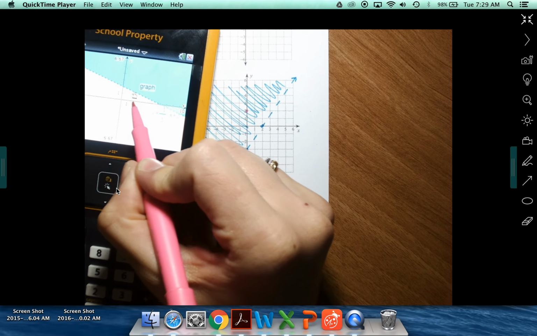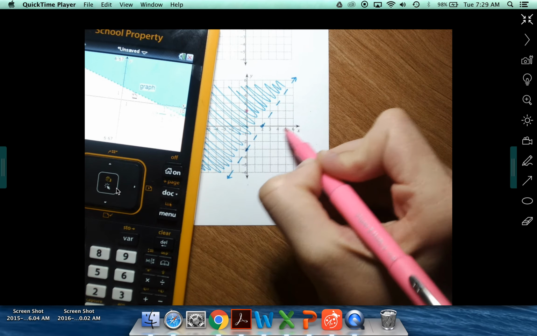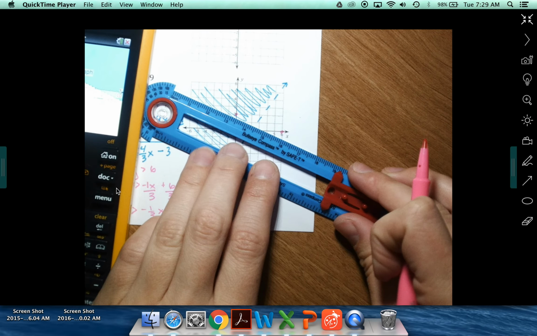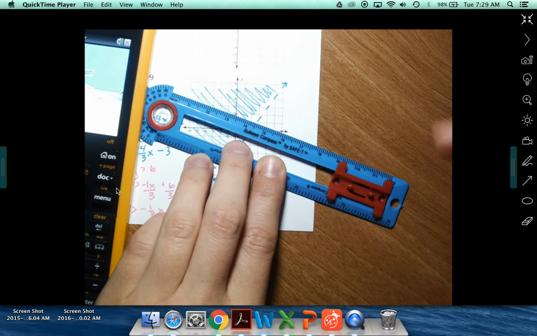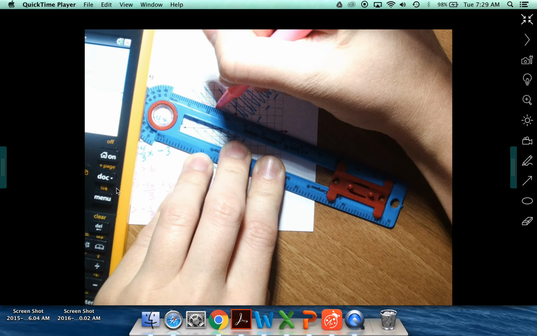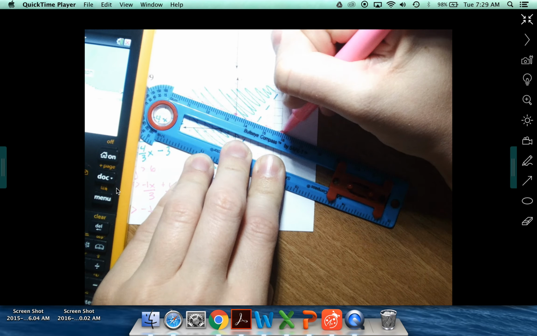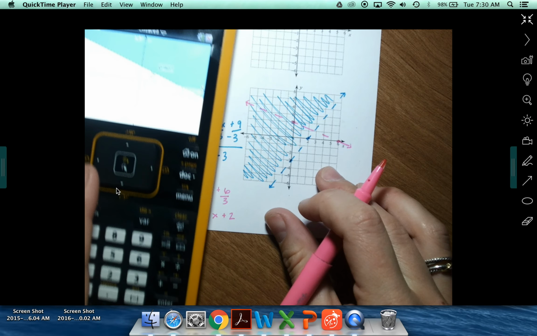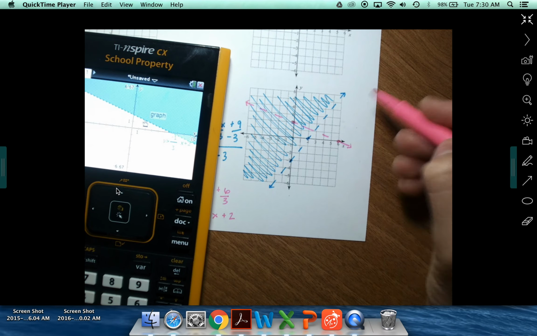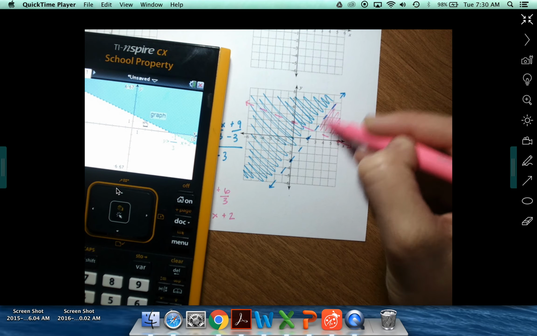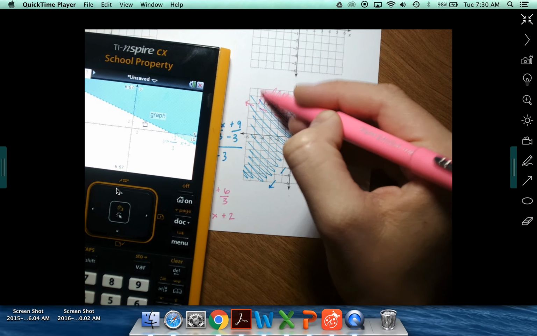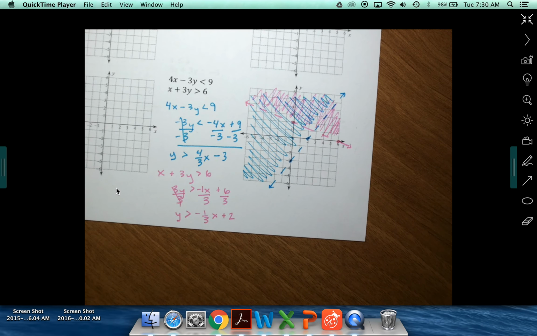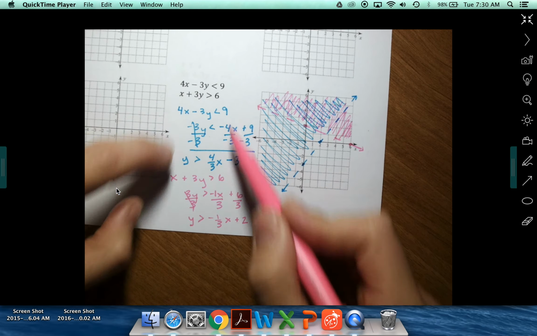Let's see, 1, 2, 3, 4, 5, over at 6. And this line is dotted as well. And our shading is up here, shading to the top.